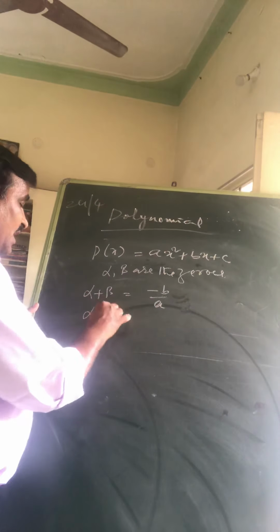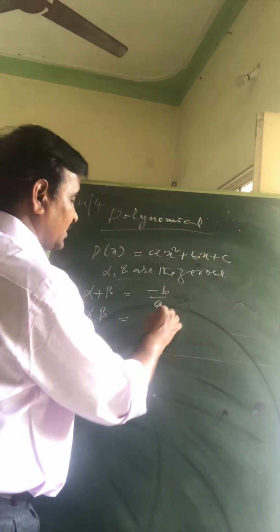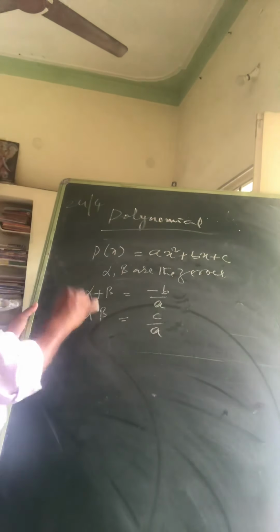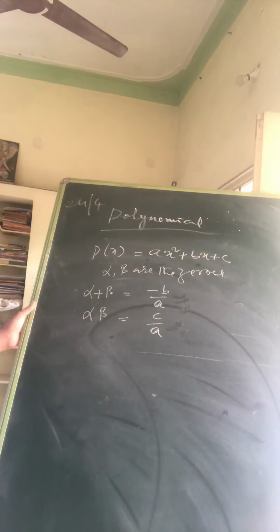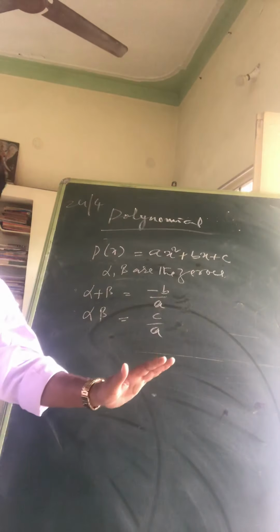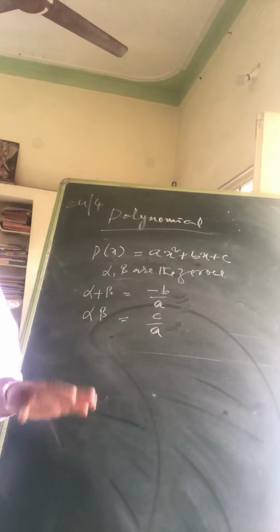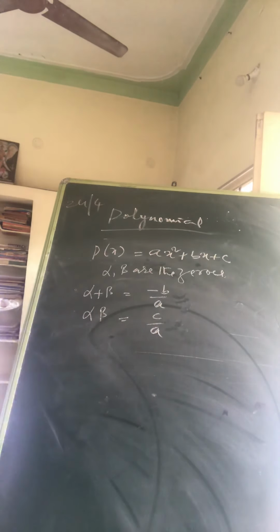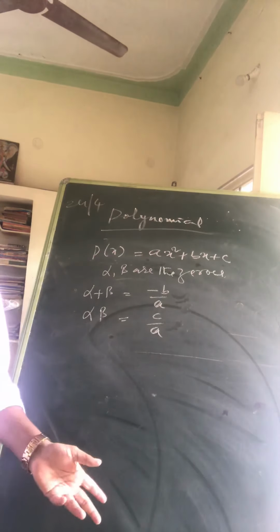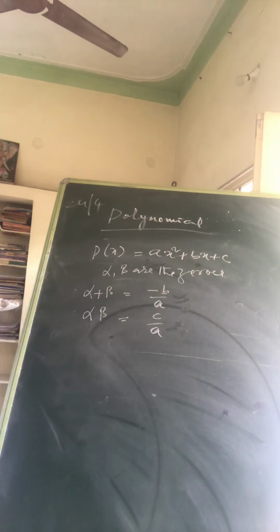The product of zeros, alpha beta, is c by a. These are the two relations between the zeros and the coefficients. With the help of this, we are able to find alpha plus beta and alpha beta without calculating the zeros of the polynomial, because there are many problems we are going to solve with this.